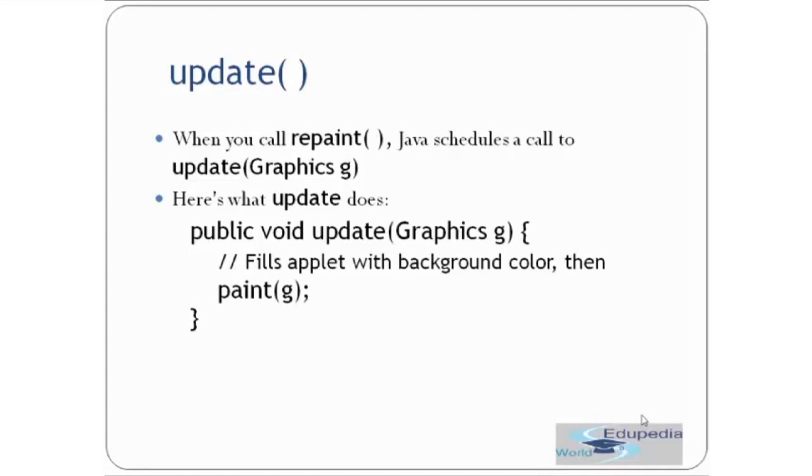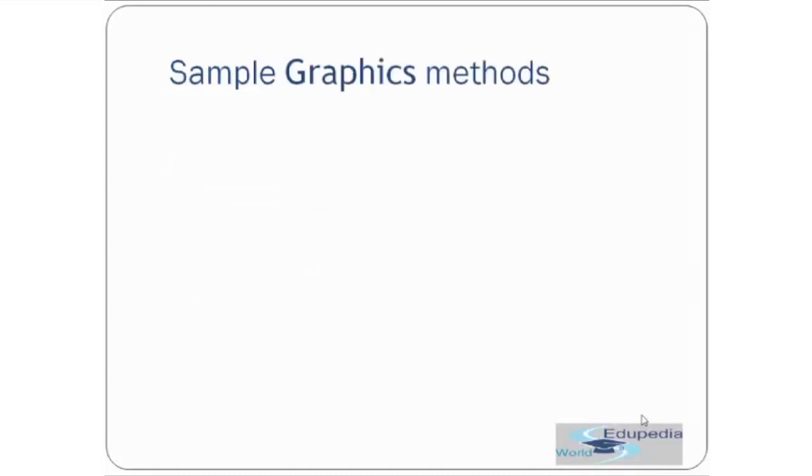You can see we have public void update, and we are passing Graphics g to it. It fills the applet with the background color, and then calls paint. So that's why you should always call repaint instead of paint, because the update method will actually call paint depending upon the scheduling. Now let's see some other simple graphics methods from the Graphics class.